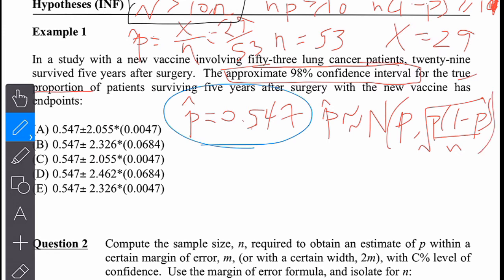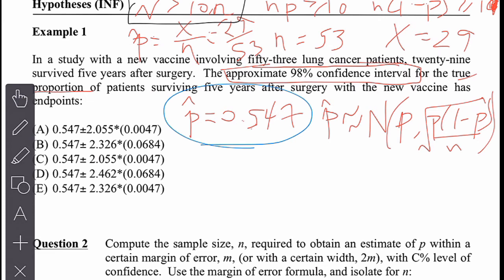So the theory says that I should be able to use this distribution with this mean and this standard deviation, but I don't have P. So what we're going to do is instead use p hat as the best estimate and substitute it not only for the mean, but also for this standard deviation.